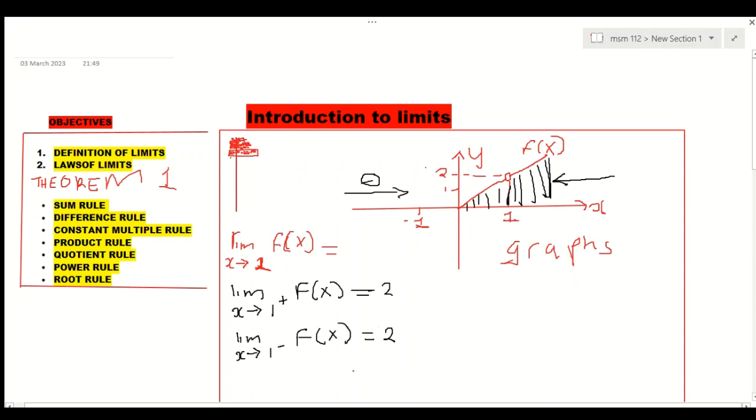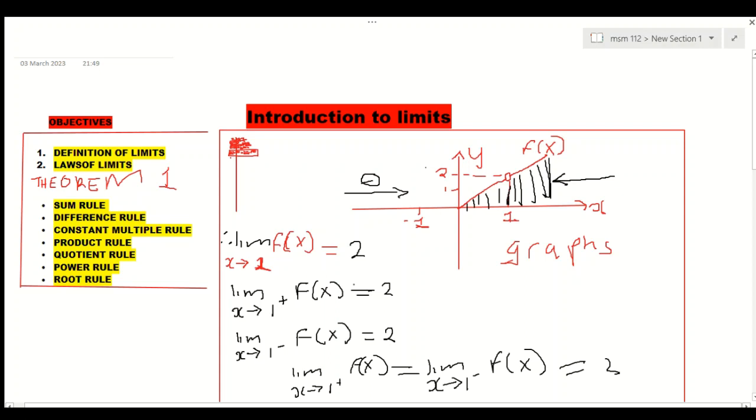So from here, you may now conclude. Make sure you conclude to say the limit as x approaches 1 from the right hand side of this function equals the limit as x approaches 1 from the left hand side of this function, which is equal to 2. Then you say, therefore, the limit as x approaches 1 is basically 2.